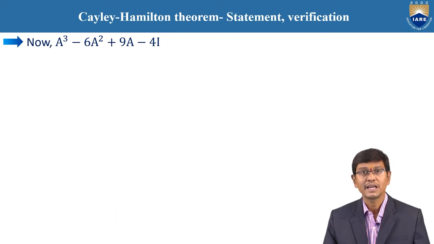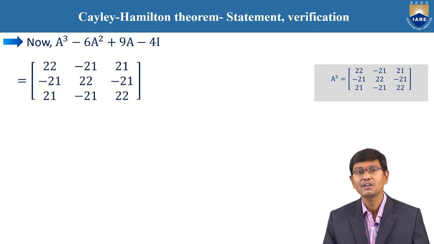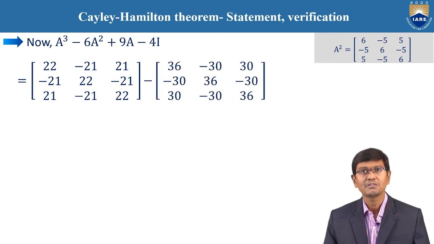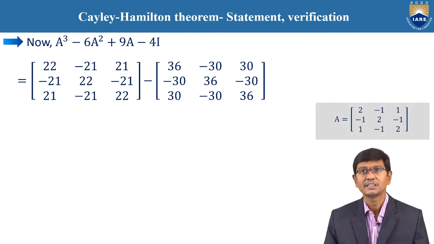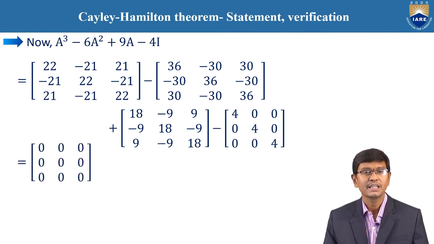Now after getting this A cube and A square, and considering the matrix I, with the help of these matrices, when we replace in the equation, that is A cube minus 6A square plus 9A minus 4I is equal to, according to that, 22, -21, 21; -21, 22, -21; 21, -21, 22, and similarly the remaining A square and A and also I. Then when we replace all these matrices in the equation of A cube minus 6A square plus 9A minus 4I, by solving these 3 and 4 matrices by addition and subtraction, finally we obtain clearly 0, 0, 0, 0, 0, 0, 0, 0, 0.